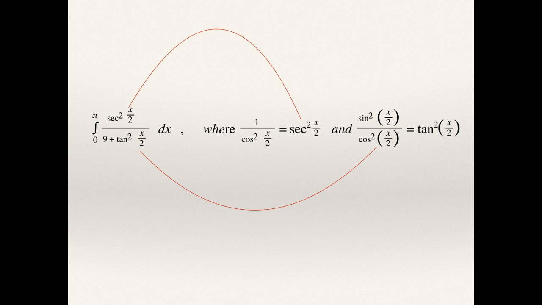That's simple, right? Because 1 by cos square x by 2 is equal to sec square x by 2, and sin square x by 2 by cos square x by 2 is equal to tan square x by 2.